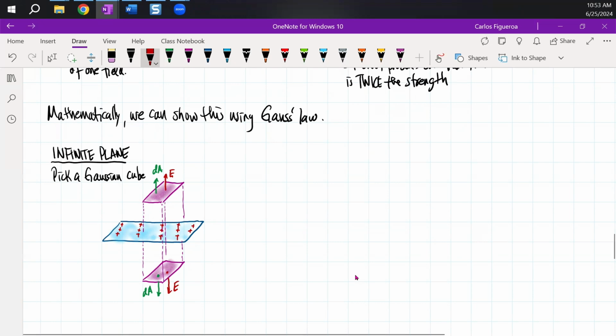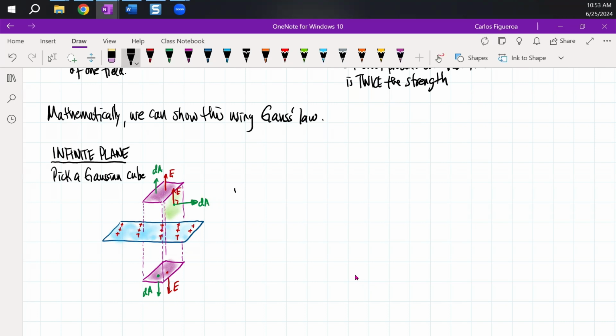But I do have a side area, right? If I'm looking at the side area right here, you can see that I have this little area vector here, but the electric field here is perpendicular. But there's no flux through a perpendicular side like that.